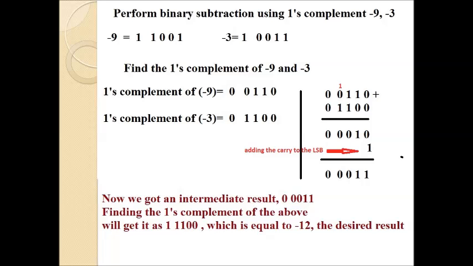So we are getting the result as 0 0 0 1 1, right? This is an intermediate result only. We have to find the ones complement of this intermediate result. So we will be getting 1, that is the sign. 1 means it is negative, 1100, which is equal to -12. So that is the desired result.